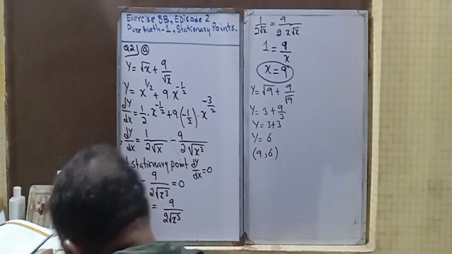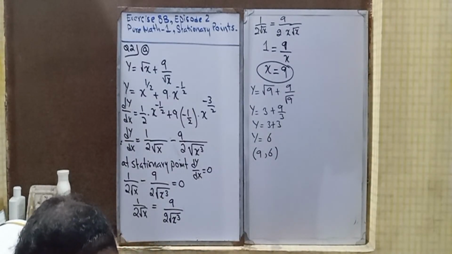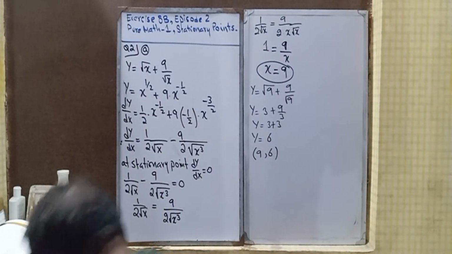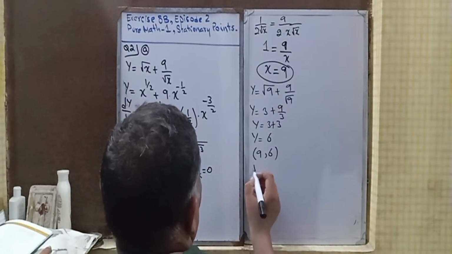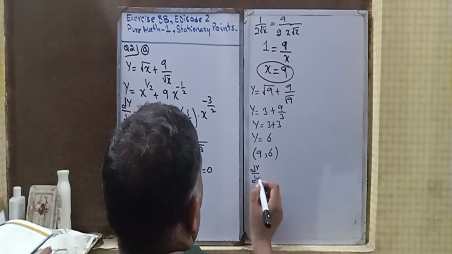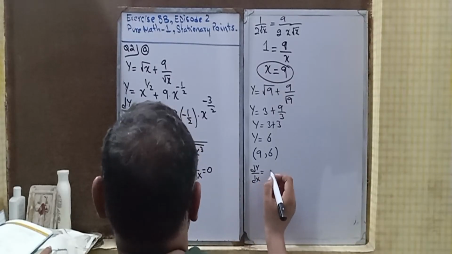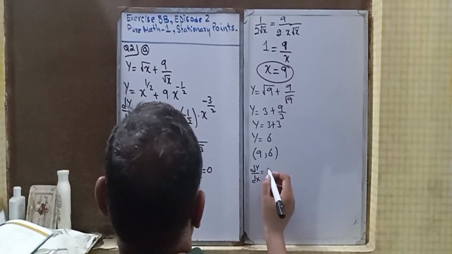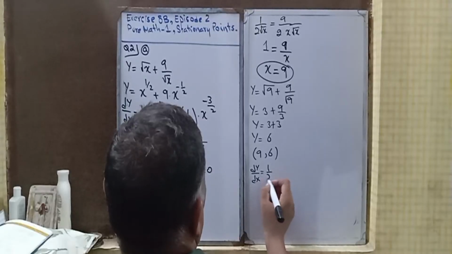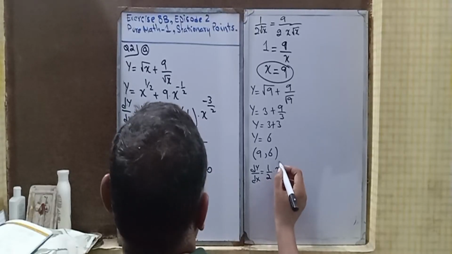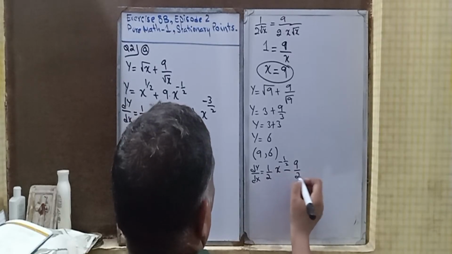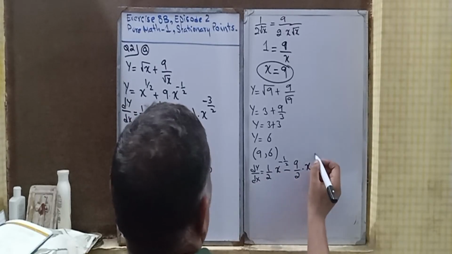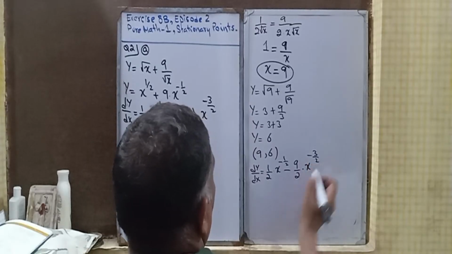Now we have to decide whether this is a maximum point or a minimum point. For that purpose, I have to take the second derivative. So dy by dx is equal to, I can write it like this: 1 by 2 x raised to power minus 1 by 2, minus 9 by 2 x raised to power minus 3 by 2.